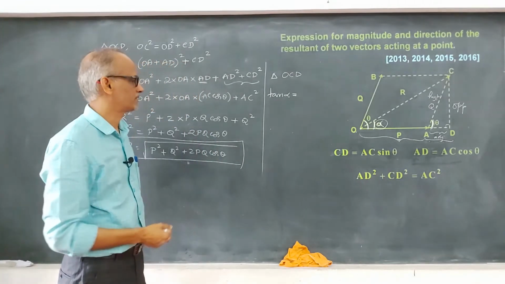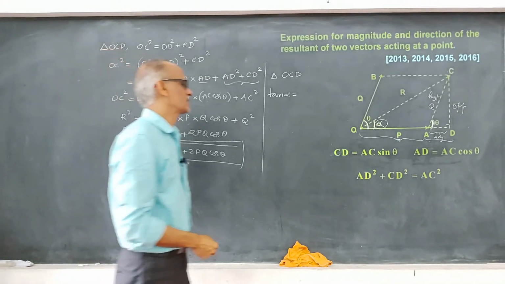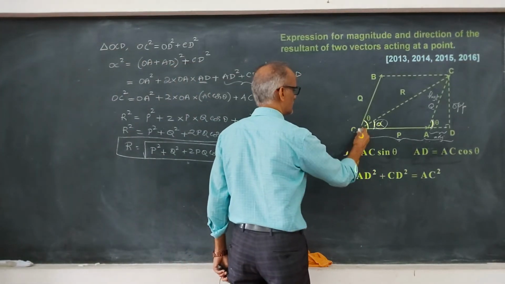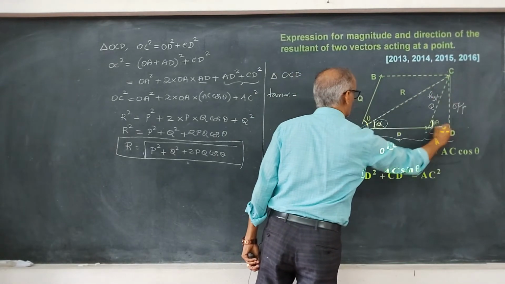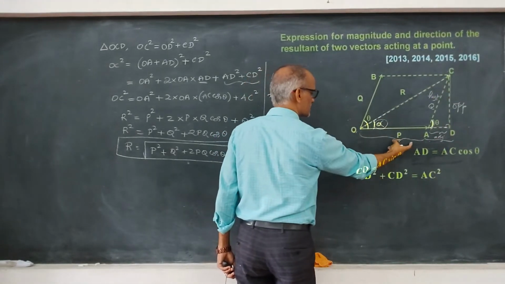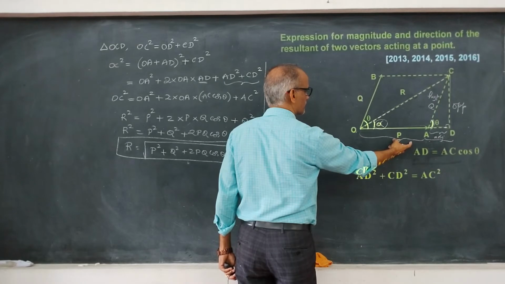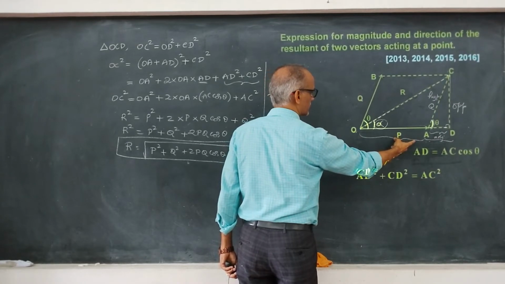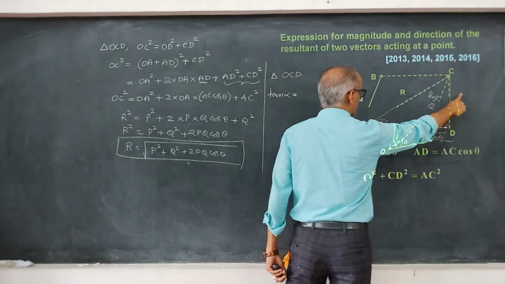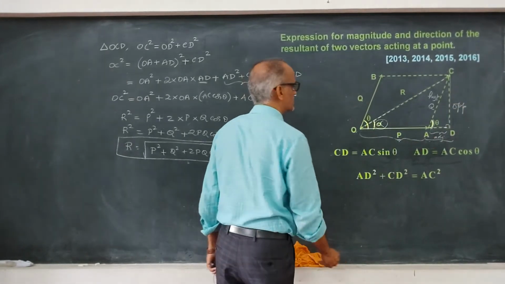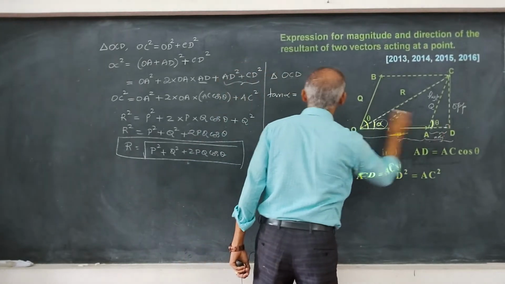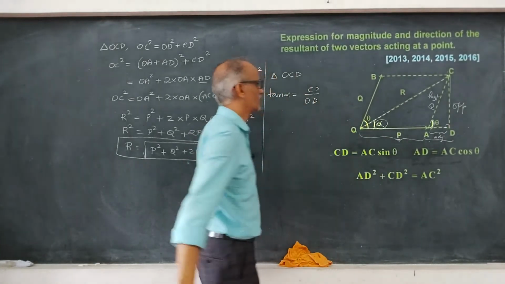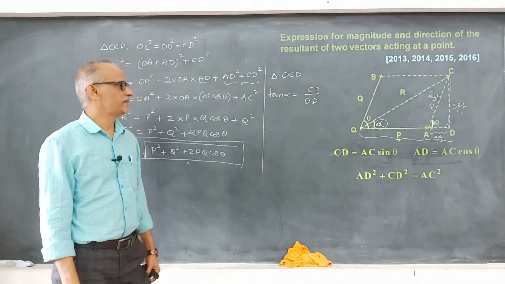So I will measure tan alpha. How to define tan? Tan is nothing but the ratio of, see in this triangle, opposite by the adjacent, which is CD by OD.